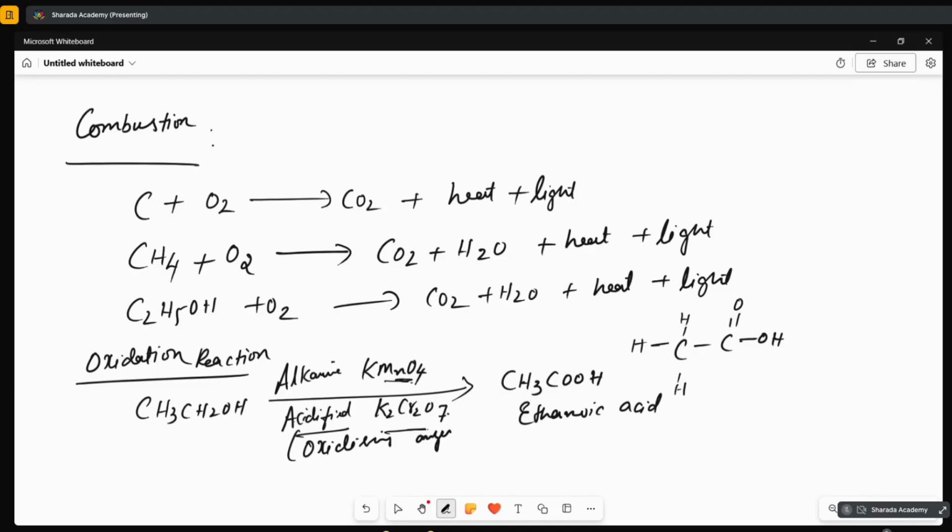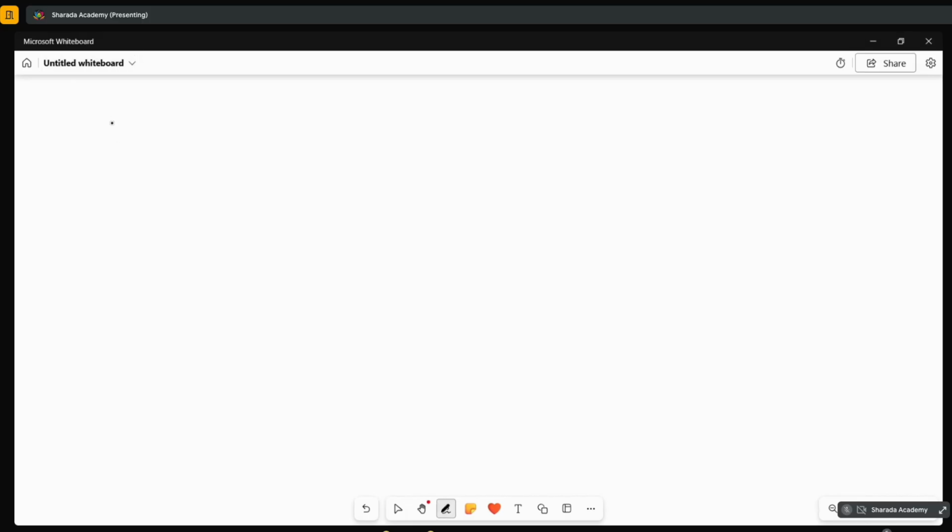What will it do? Substitution means one will be substituted by the other. That is, the hydrogen is substituted by the chlorine.